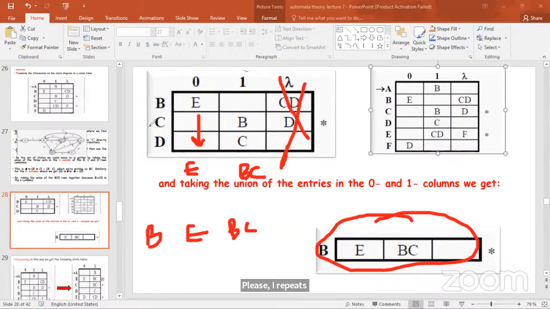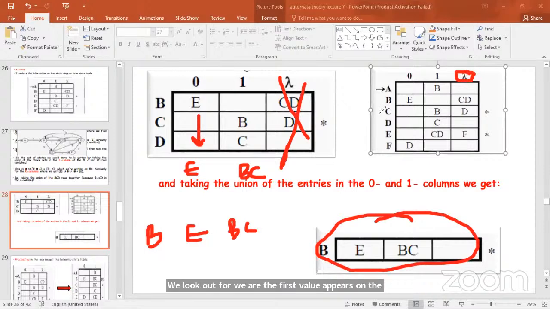Now, I said we want to remove the null. That is one of the procedures of converting a non-deterministic finite state automaton to a finite state automaton. So how do we go about removing the null? The first thing is that we convert the diagram to a state table, which I've explained, right? Then the next thing is that we look out for where the first value appears under lambda.